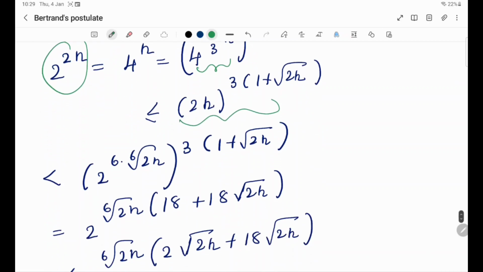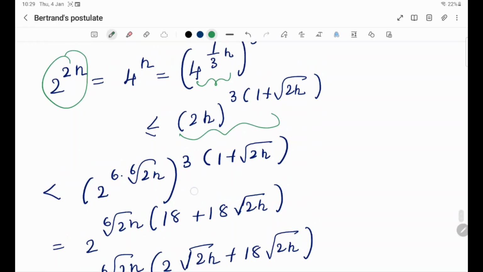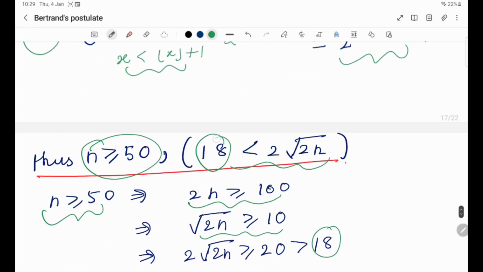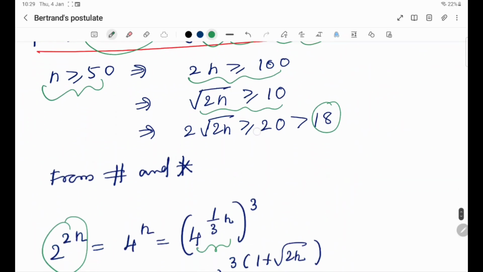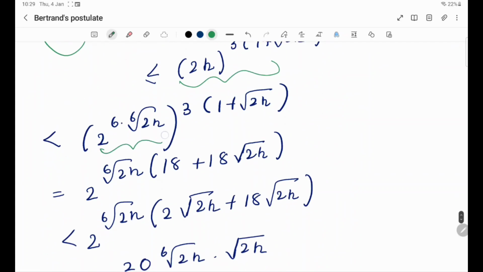Okay, so now what you can do, this 2n, you already did one more work here, right? 2n is less than or equal to this, so you replace 2n by this, 2 raised to 6 times here. And this will be the same as here.